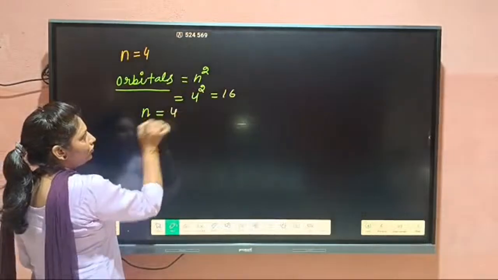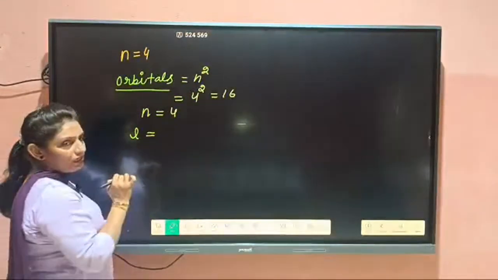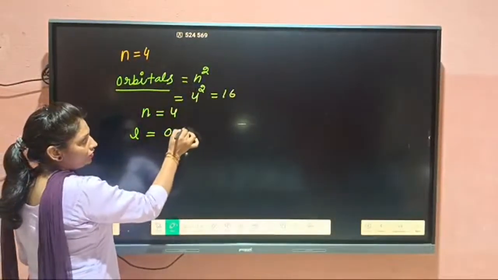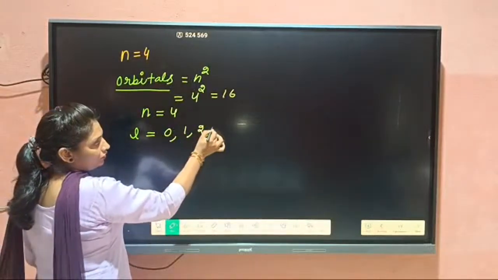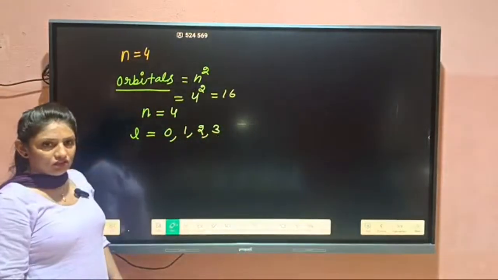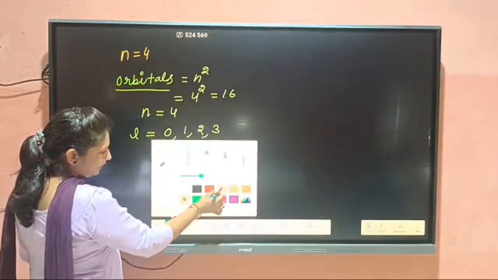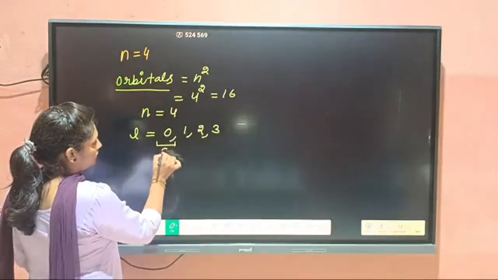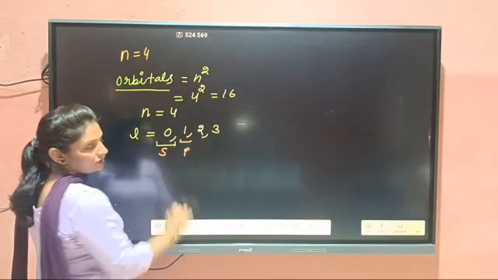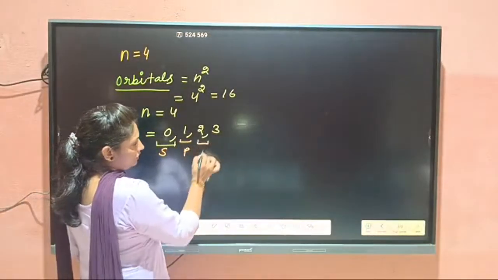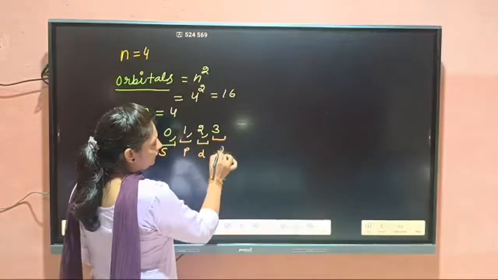If n is 4, then the value of l may be 0, 1, 2 and 3. This value 0 is for s, 1 for p, then d and f.